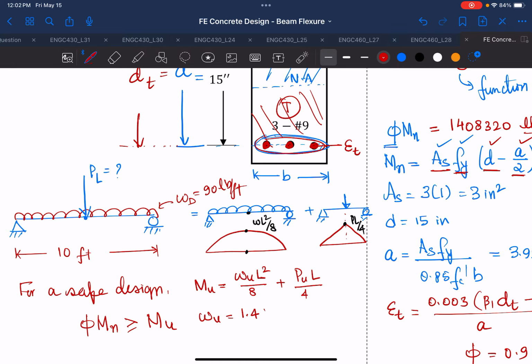There's only one equation if there's only dead load, and we have 1.4 WD, and WD is 90, so that will give you 1.4 into 90, which is equal to 126 pound per feet.